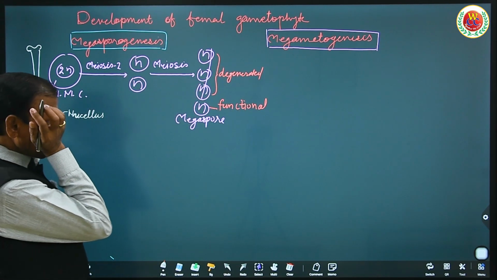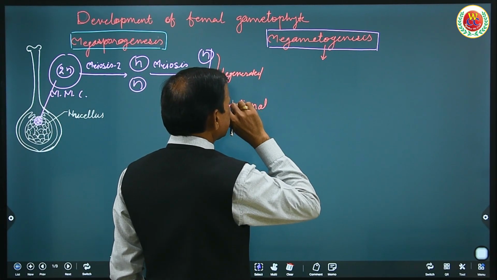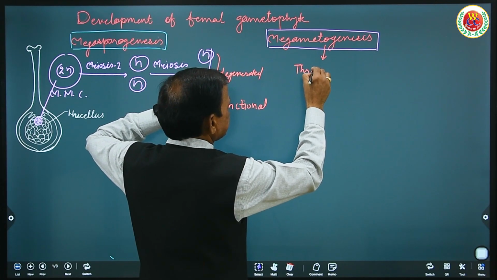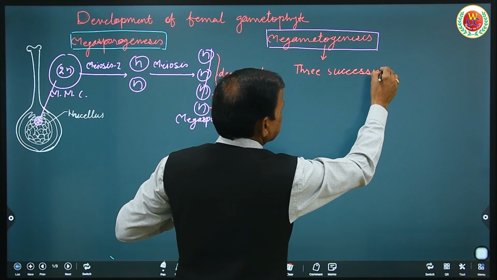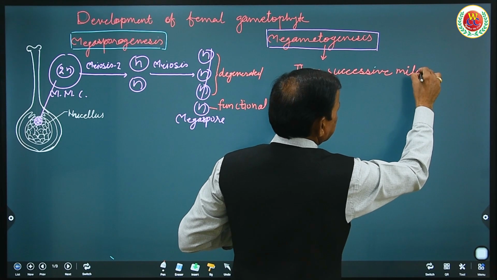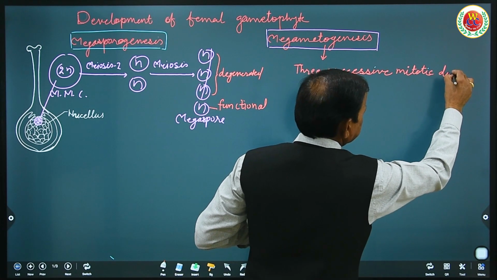That means 3 successive mitotic divisions. This megagametogenesis is nothing but one of the cells undergoing 3 successive mitotic divisions.